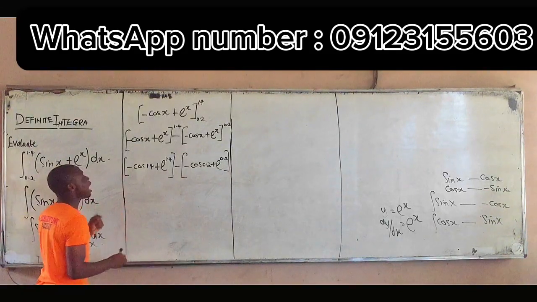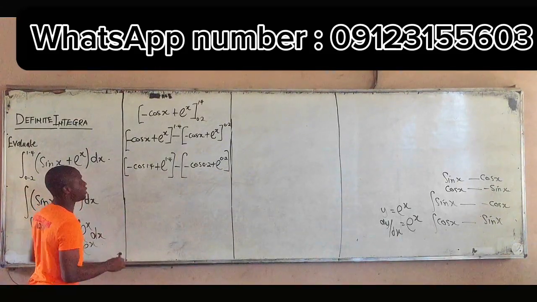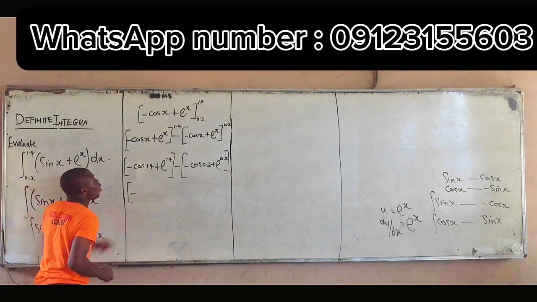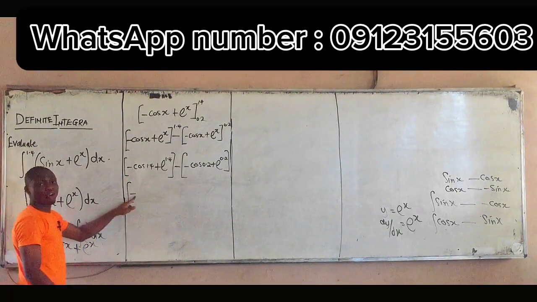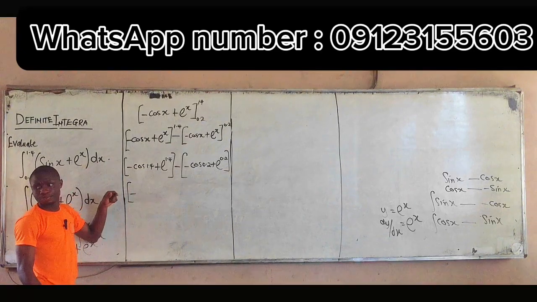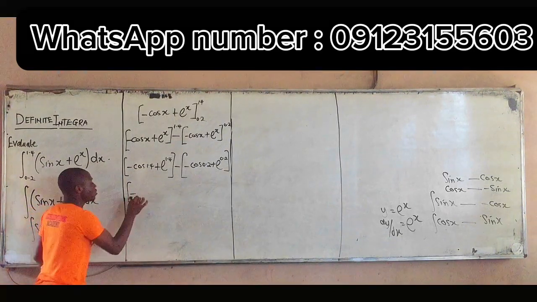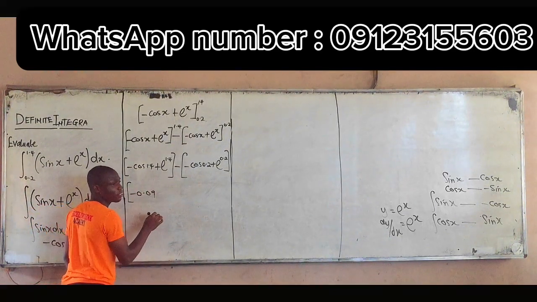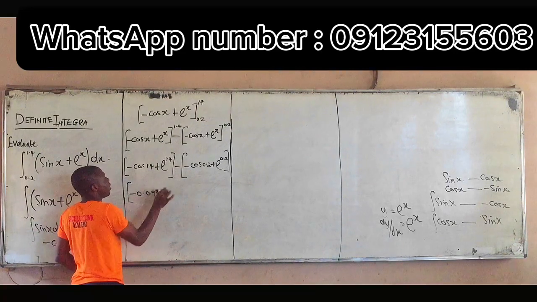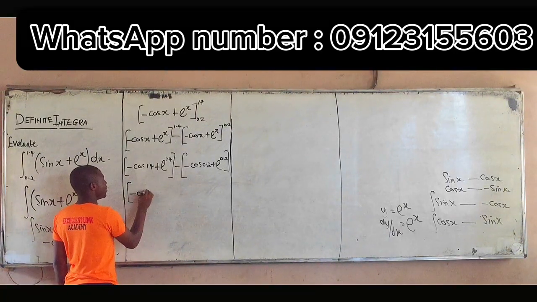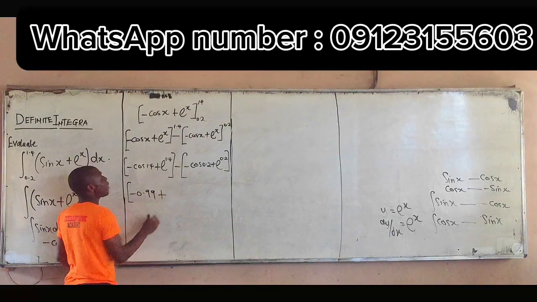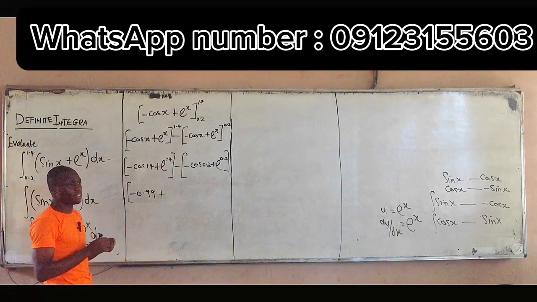Help me punch cos 1.4, please. What's cos 1.4? 0.99. Plus, punch exponential 1.4, please.